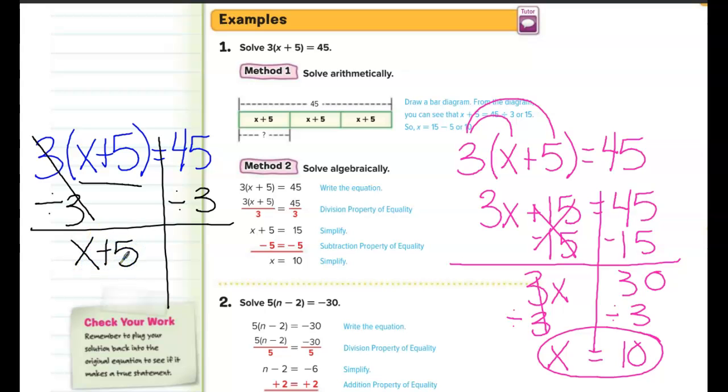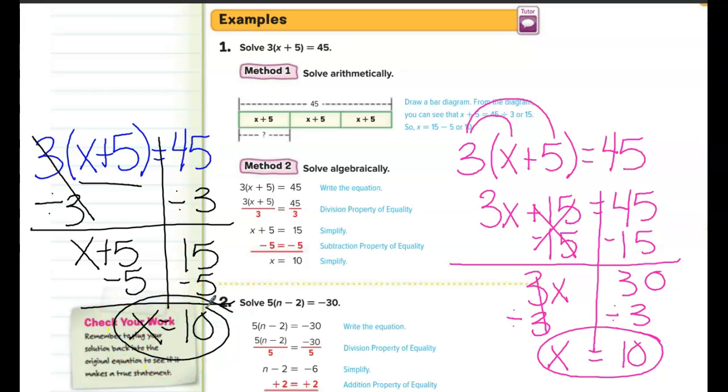And then on the other side, 45 divided by 3 is 15. And now I have x plus 5, so to get rid of the 5, I subtract 5. And then I get x equals 10. Again, I got x equals 10 both ways. It's just depending on how you want to solve. The first way was using the distributive property. And then the second way is just, instead of distributing the 3, you divide everything by 3.